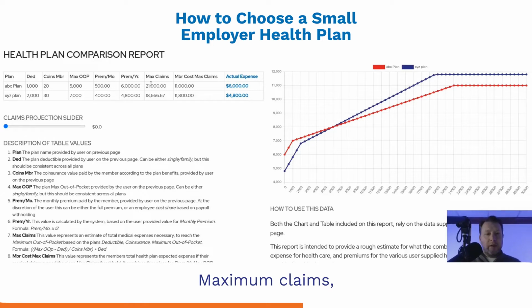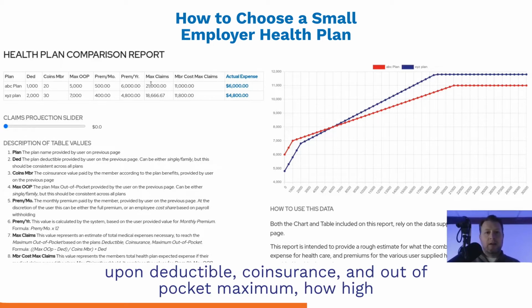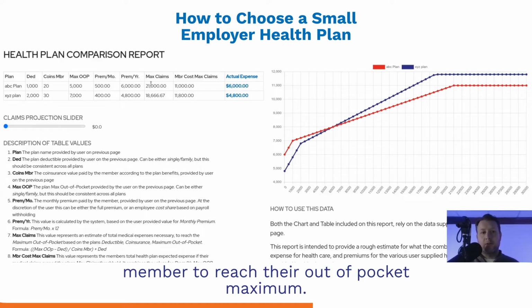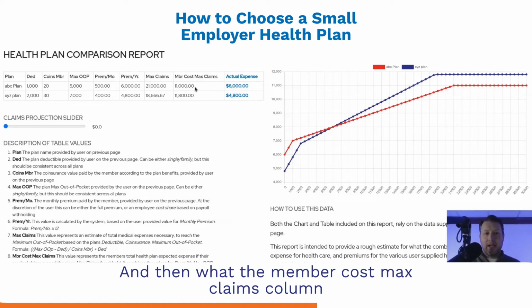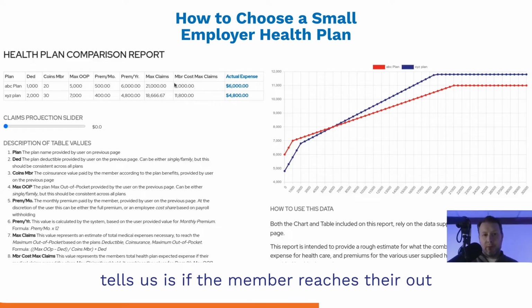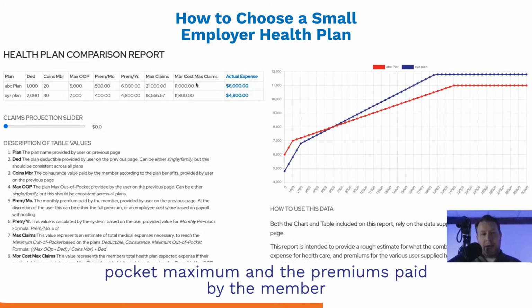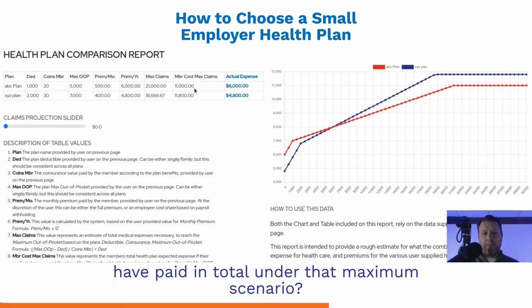Maximum claims is a little bit of math that figures out, based upon deductible, coinsurance, and out-of-pocket maximum, how high your claims will have to be in order for the member to reach their out-of-pocket maximum. And then what the member cost max claims column tells us is, if the member reaches their out-of-pocket maximum, when we add the out-of-pocket maximum and the premiums paid by the member to have this policy, how much will the member have paid in total under that maximum scenario?